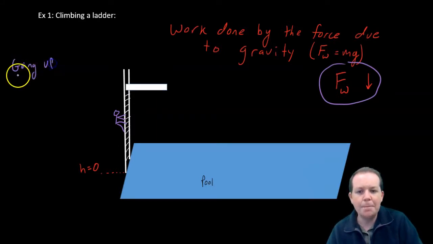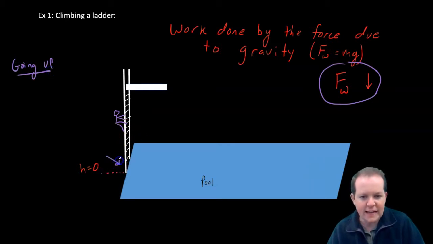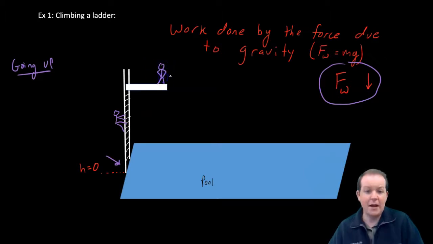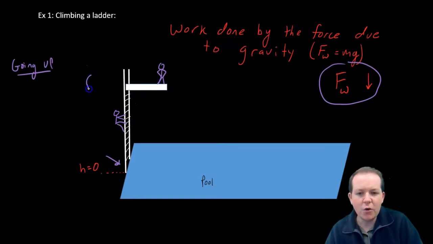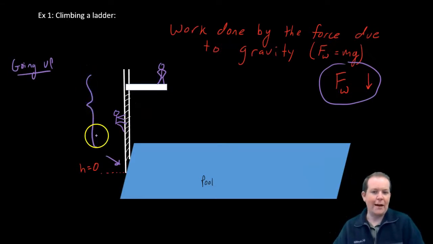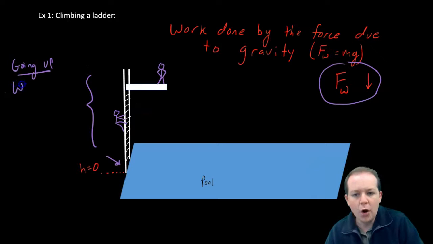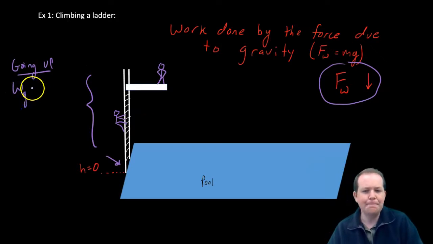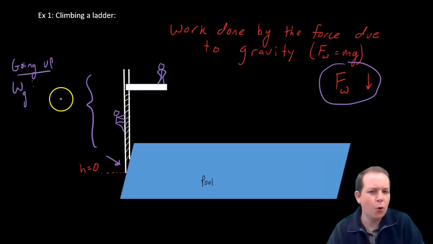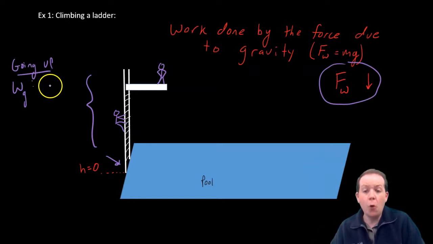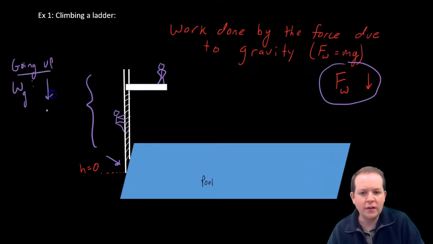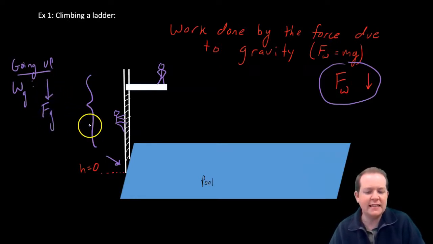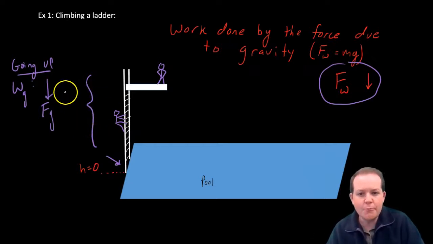When they're going up the ladder, so let's say they start right here, and then they're traveling up the ladder until they get to here. They are, ta-da, triumphant. What is going on with the work done by gravity? Well, is it positive or negative? The force done by gravity is downwards, but the student moved upwards.